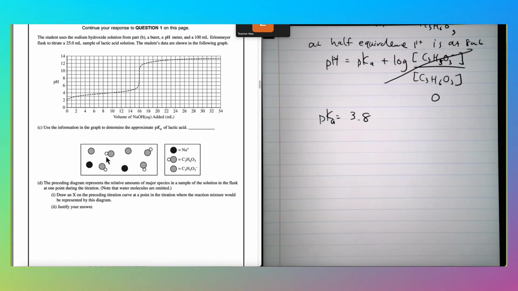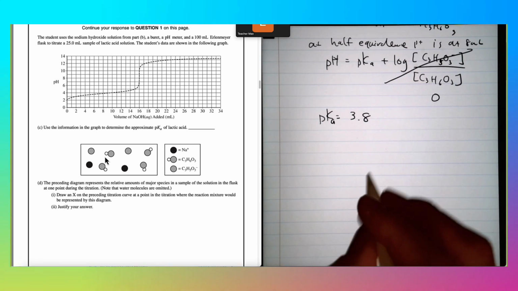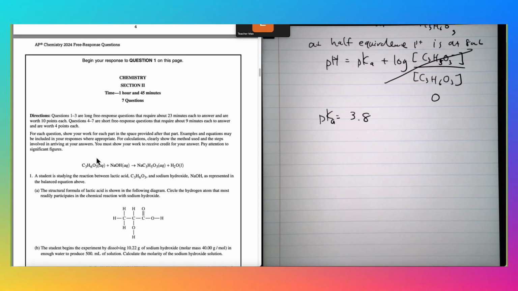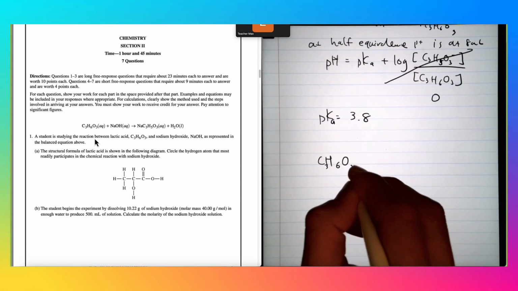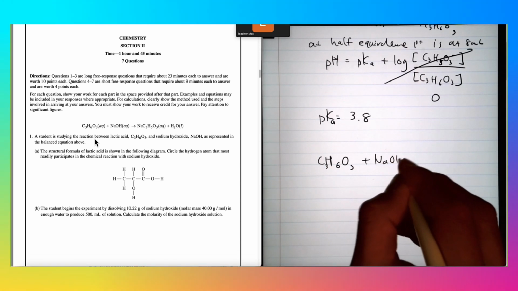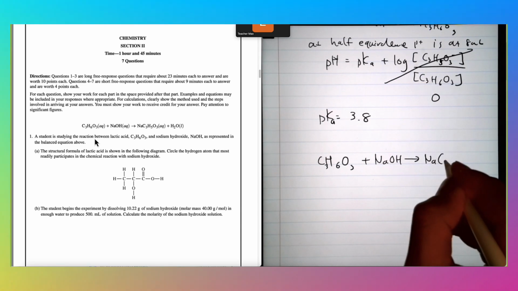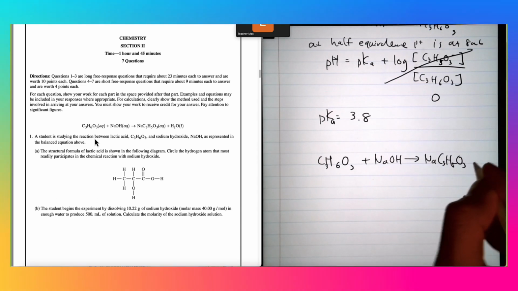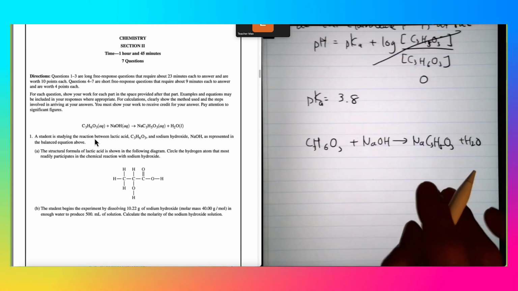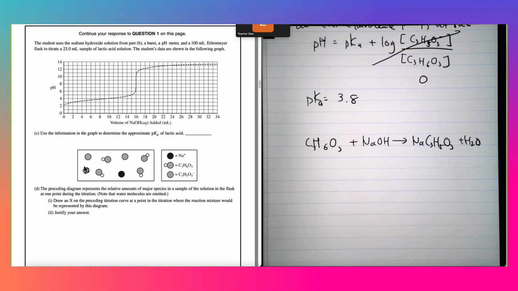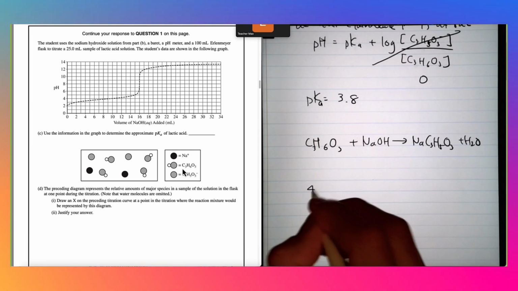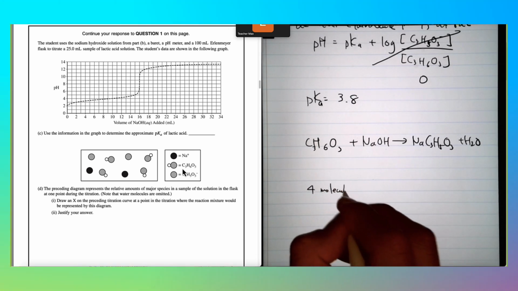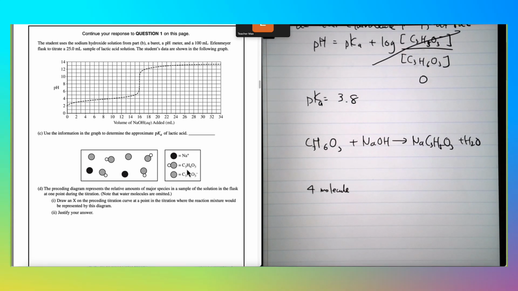Alright, so if you look at the ratio, let's just write down the major species, and then we'll compare it. Okay, we have 4 molecules of C3H6O3, the lactic acid.